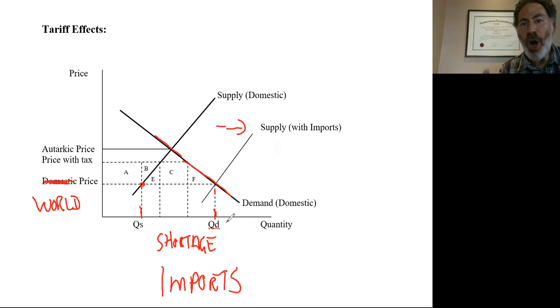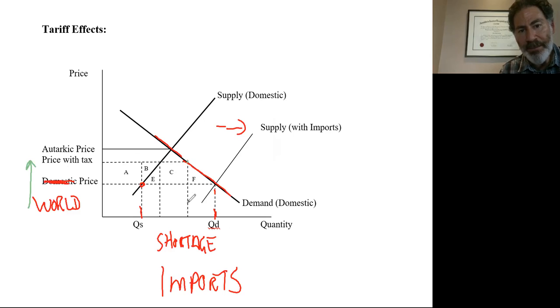The equilibrium is being satisfied by imports. So what happens now? Well, the government comes along and says, we're going to place a tax on this. That is the tariff, and it brings the price up here with the tax. So what happens now with this tax? Now it discourages some consumers because the price is higher.